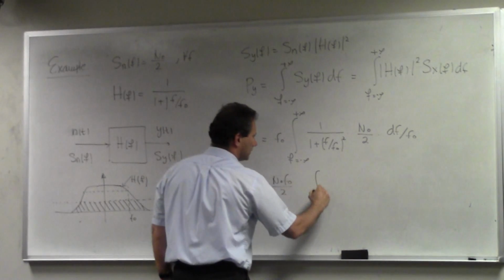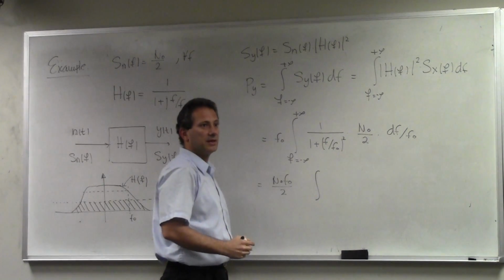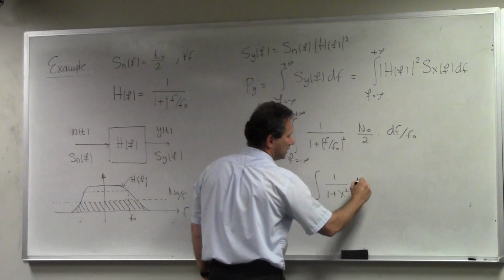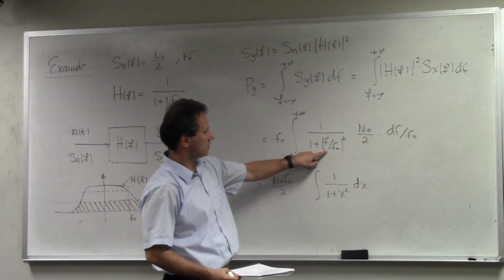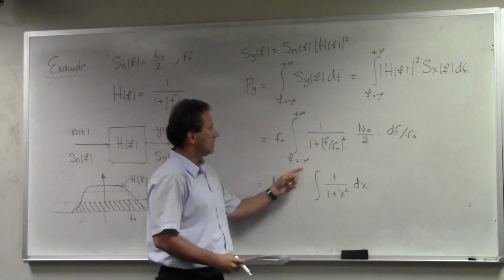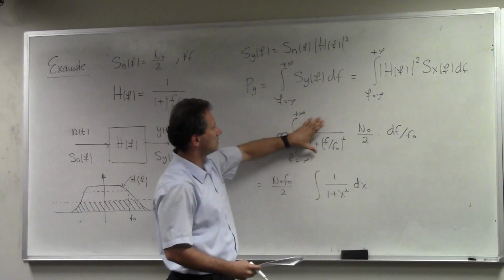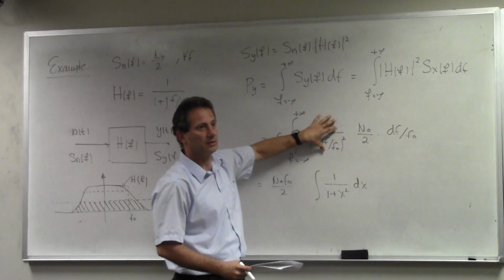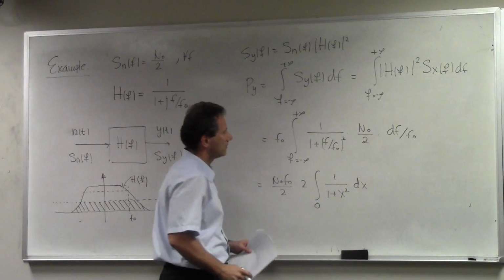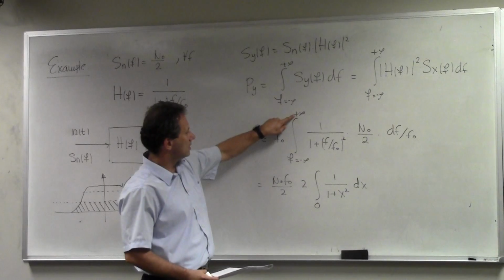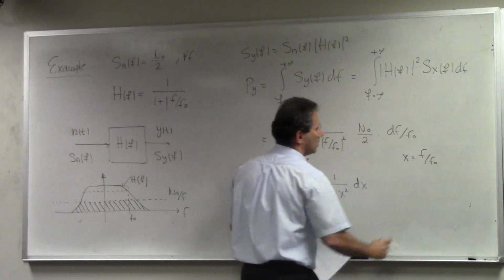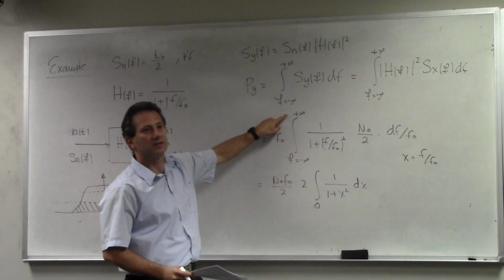And then I have an integral. Let me call f over f0 as x. So this becomes 1 over 1 plus x squared dx. And you realize that this is an even function that I'm integrating here. So I can say this is twice the integral from 0. I'm going to say x is equal to f over f0. When f is plus infinity, where is x?